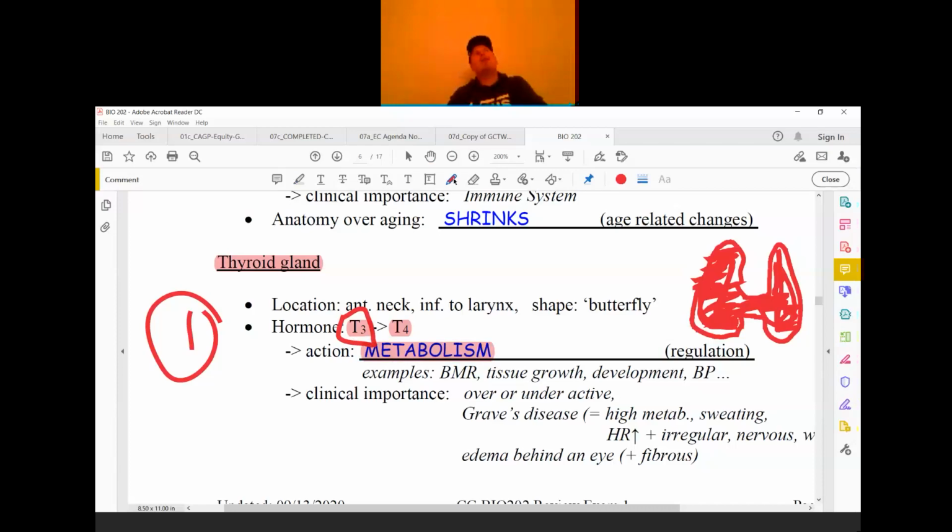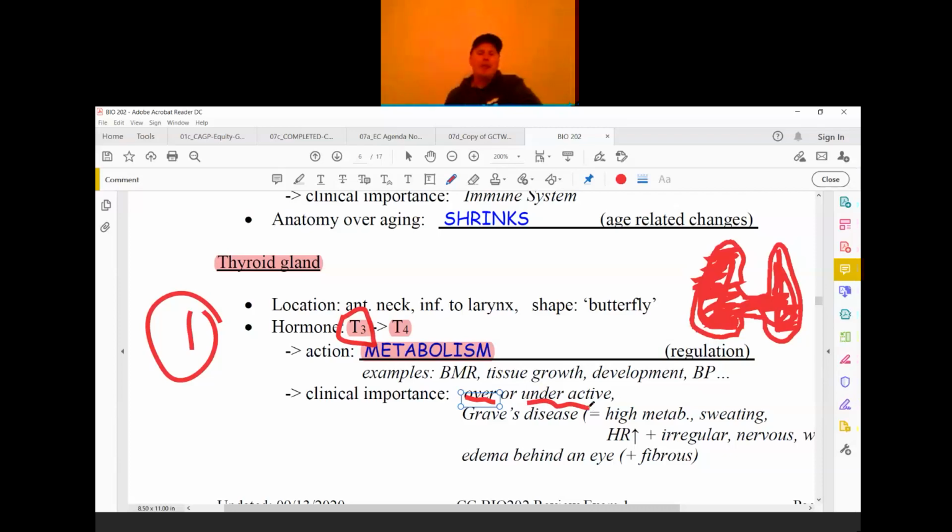So often when we have individuals who have either extreme weight gain or weight loss, and we cannot find another reason for it, not in terms of the lifestyle, not in terms of what they eat, we end up noticing a lot of the time that it can be that their thyroid gland isn't working exactly as it should be. So you can have an overactive or underactive thyroid gland.